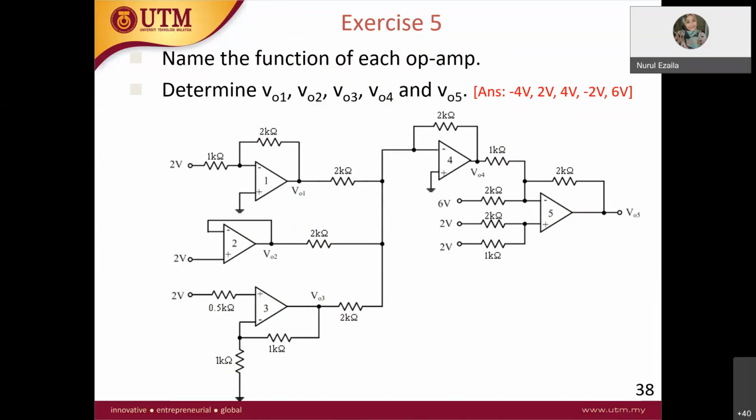We will get back with the final answer in the next class. You have everything here for each op-amp: op-amp 1, 2, 3, 4, 5. Can you do it yourself? I think you can.